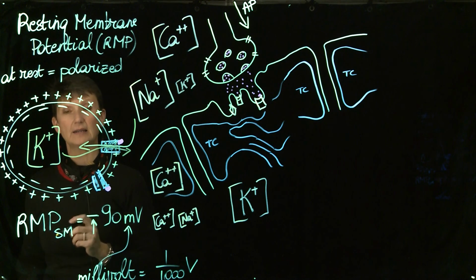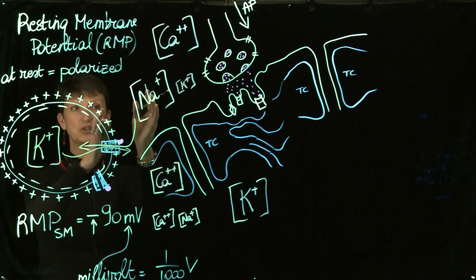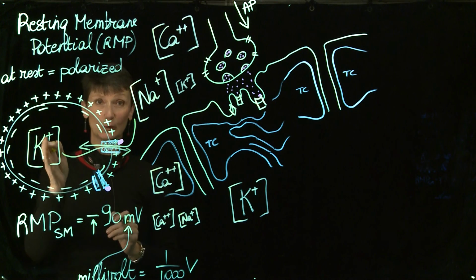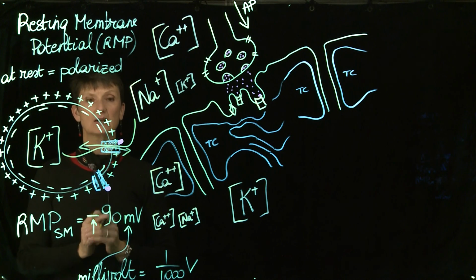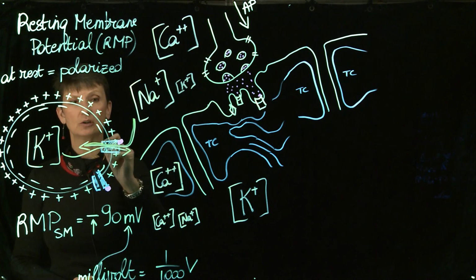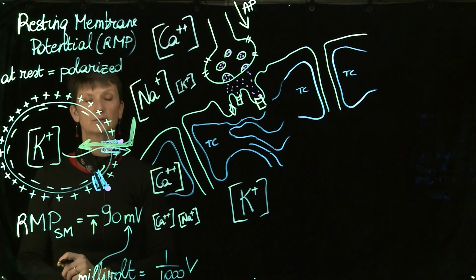And what we find is that the gradient for sodium is much steeper than that for potassium. And consequently, we're going to see much more sodium moving in than potassium moving out.